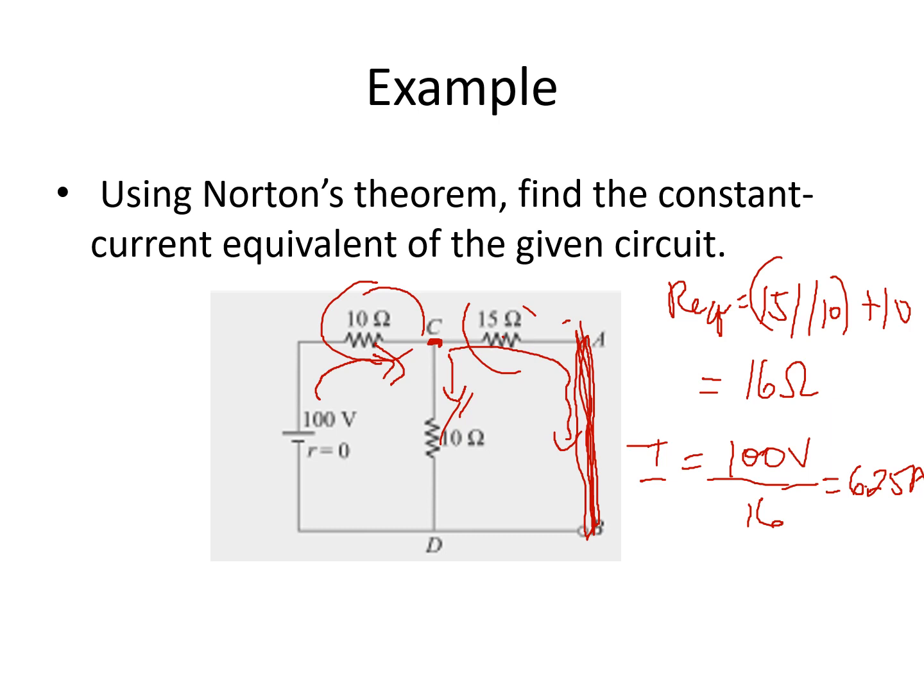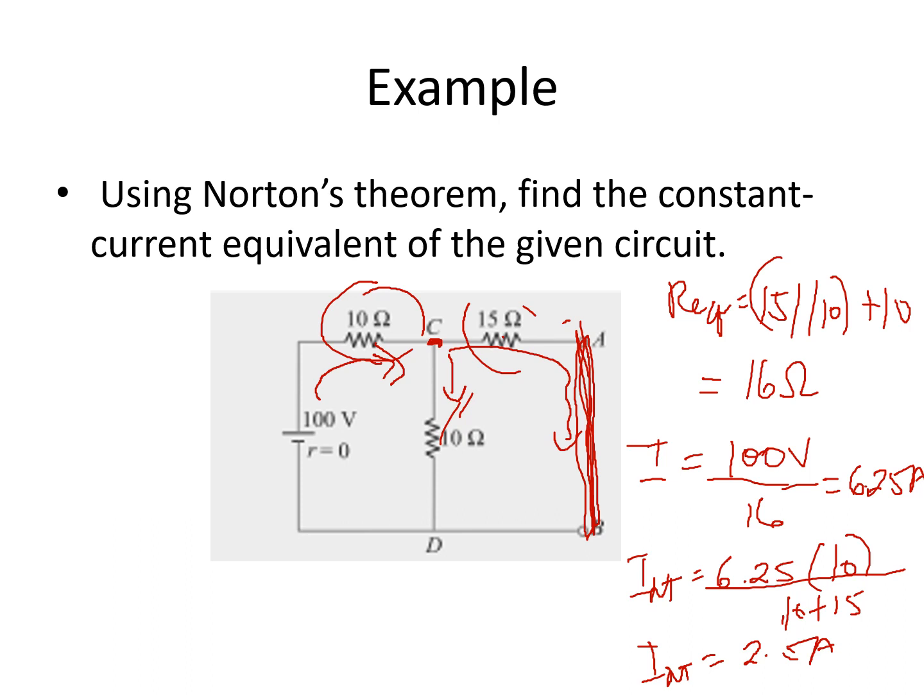So if we want to solve for your INT, or the short circuit current, this is equivalent to the total current multiplied by the opposite, so this is 10. Since they are inversely proportional, we use the opposite, divided by 10 plus 15. So our INT here is equal to 2.5 amperes.